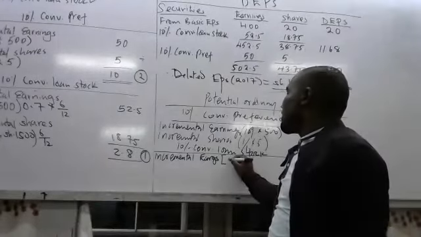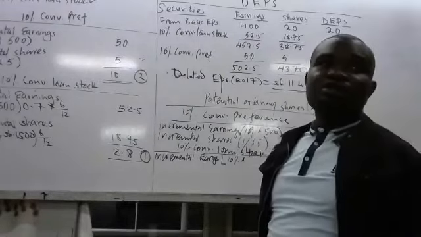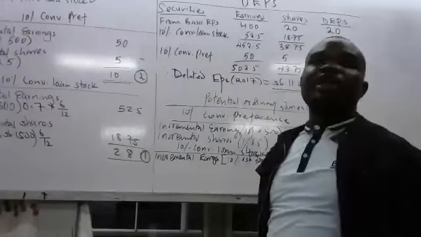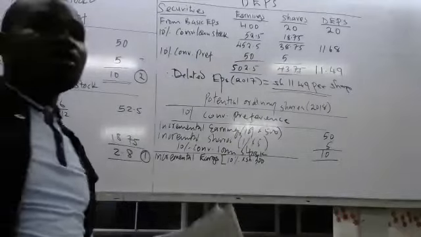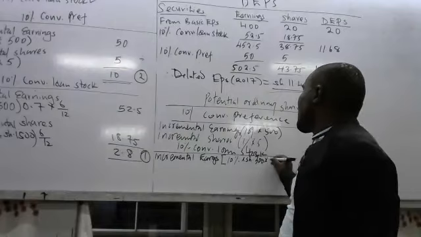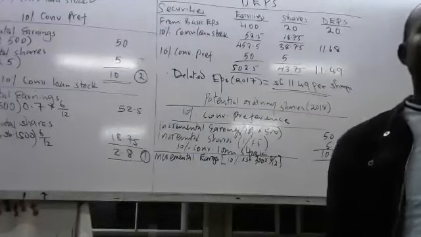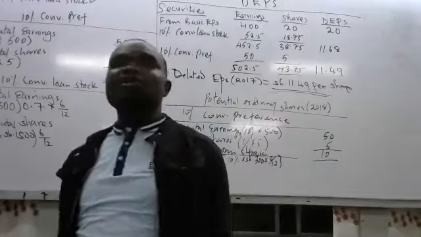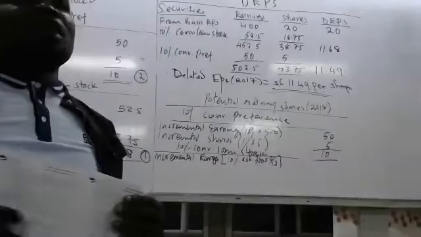Interest was 10%. How much worth of loan stock was converted? 300. They converted shillings 300, but in which month of the year? They converted on 1st January. So they were entitled to interest that year for how many months? 0. We just opened the year and they became ordinary shareholders.